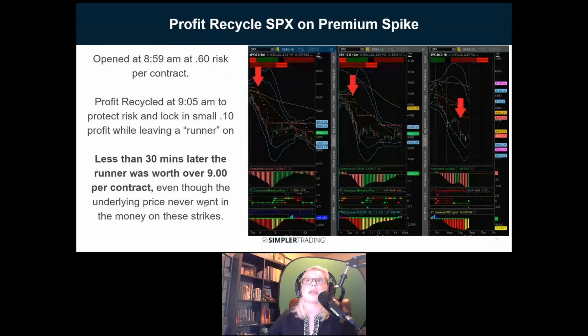So the underlying price never reached those strikes for the day. But because I was able to set up the trade prior to that volatile move, that spike in volatility allowed that out of the money strike to bump up from 60 cents to $9 in less than 30 minutes.